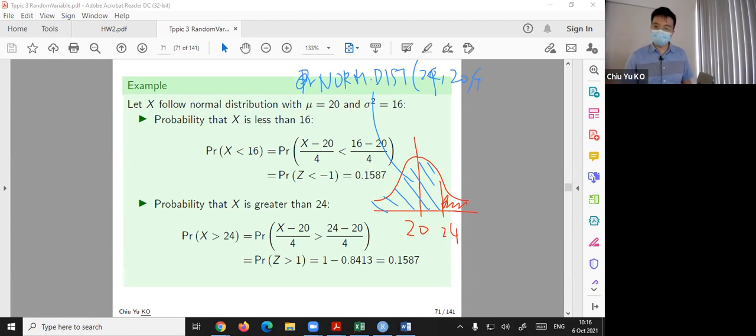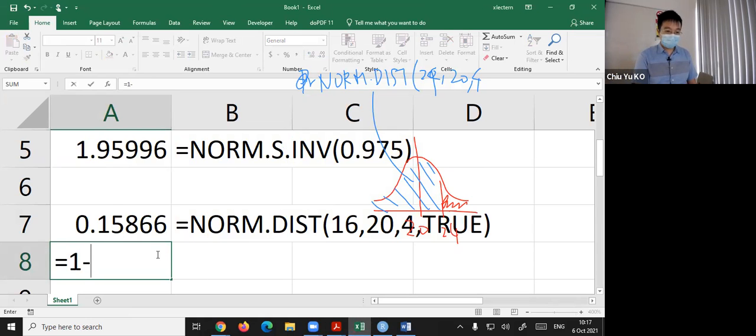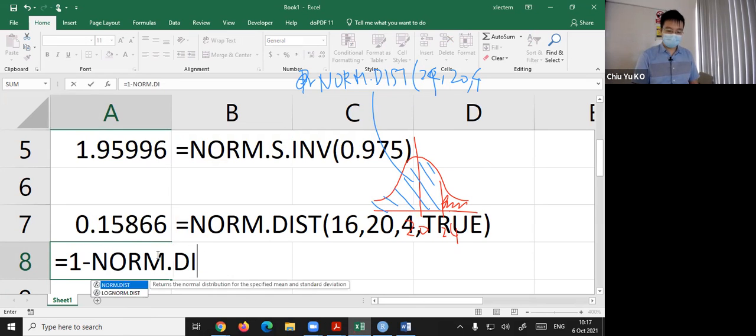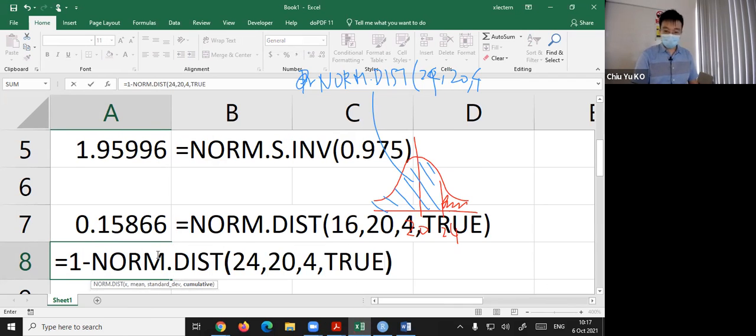So the answer will be 1 minus NORM.DIST of 24, 20, 4, true. The red is here; we want above 24. This part is blue, and 1 minus the blue is the red.